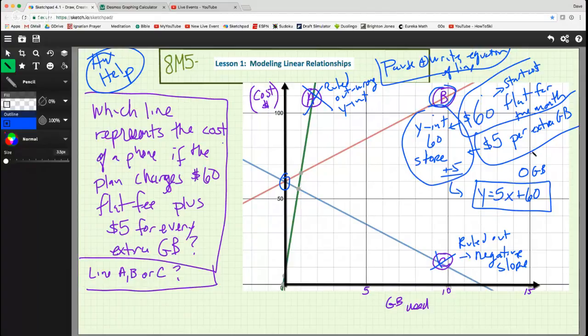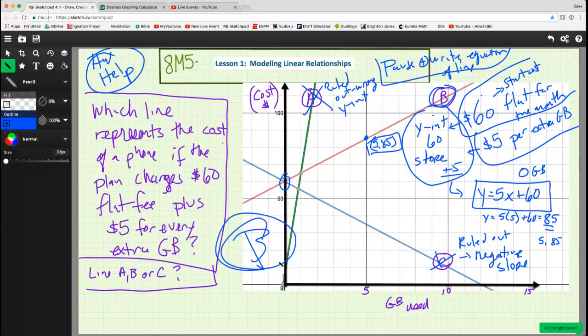If we tried 5 gigabytes, we should get y equals 5 times 5 plus 60, which is equal to 85. 60 plus 25 is 85. So we should have a point 5 comma 85. Yeah, this is about 85. So I just reconfirmed that our answer has to be B.